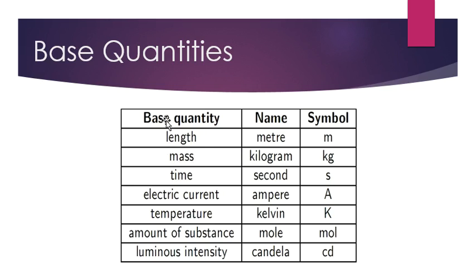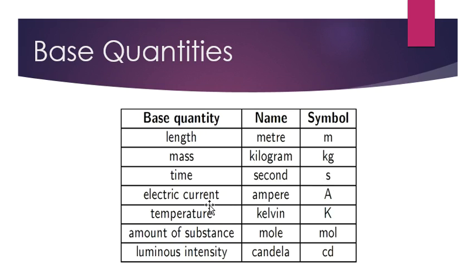Now, these are the 7 base quantities that I have told you. First one is length, which is measured in meters, with the symbol m. Then we have mass, measured in kilograms, known as kg. Then time, calculated in seconds, denoted by s.